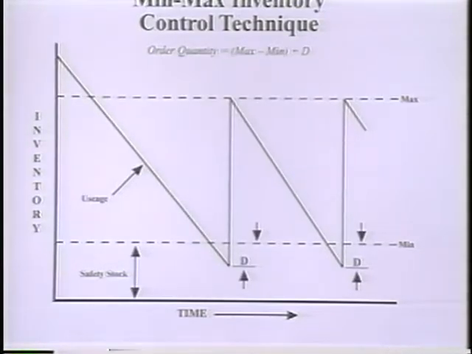And you'll notice that I have indicated in the bottom portion below the minimum that arrow entitled safety stock. Now that's not safety stock as we have developed safety stock in the order point system. That is protection stock based upon your experience and also how critical the item may be relative to future unplanned requirements.